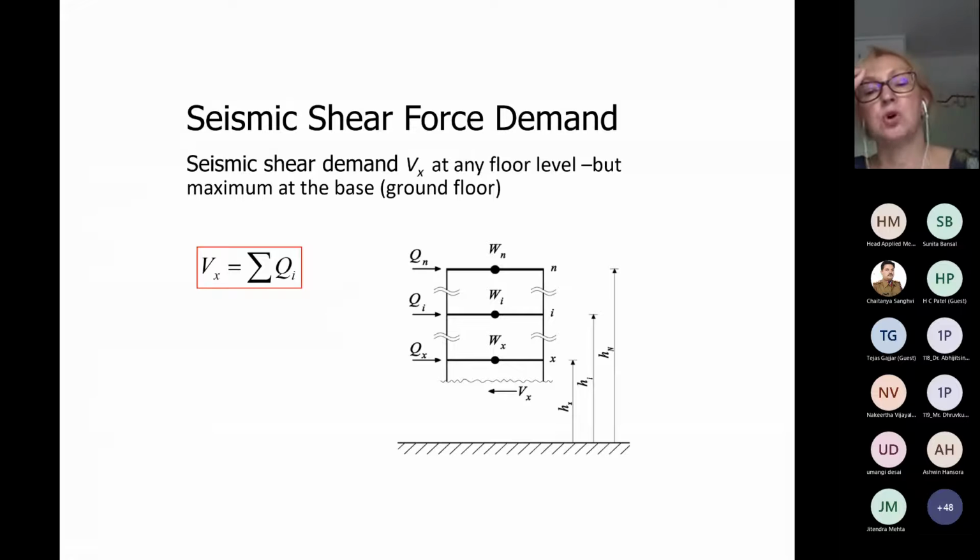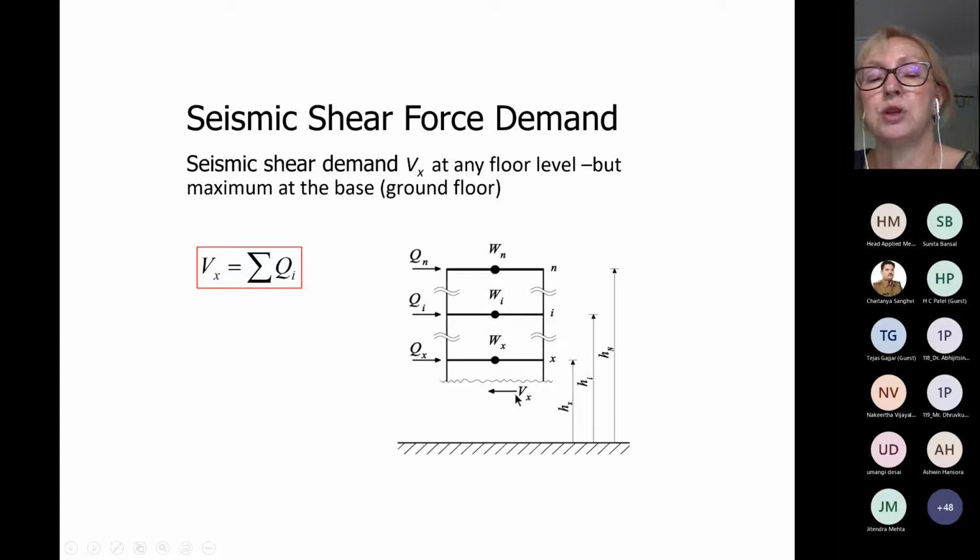So how do we determine these forces? As you will review in the afternoon, seismic forces are determined at the base, and then they are distributed along the height. We could apply this to any level of the building, but our interest is just the base level.